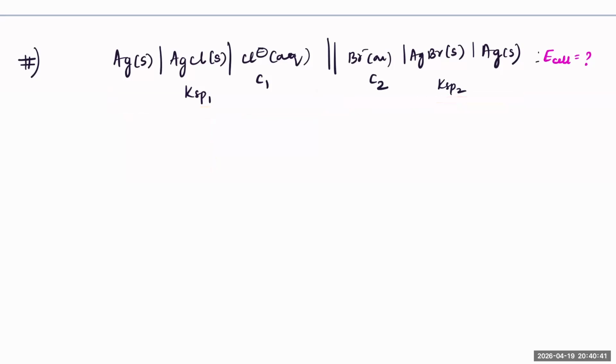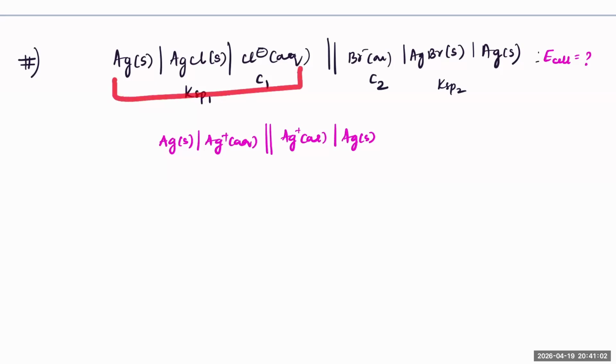That is, you can use this as if it is getting oxidized to Ag plus aqueous ions, and on the other side also Ag plus aqueous ions is present, which is getting reduced to silver like this, which means the left hand part I'm replacing as this equation, right hand part I'm replacing as this equation. Okay, now it appears like a virtual concentration cell.